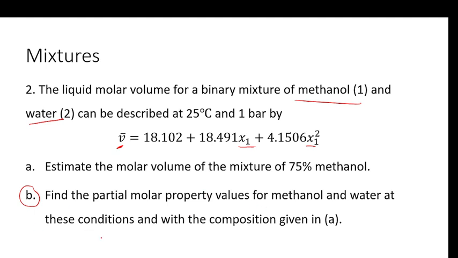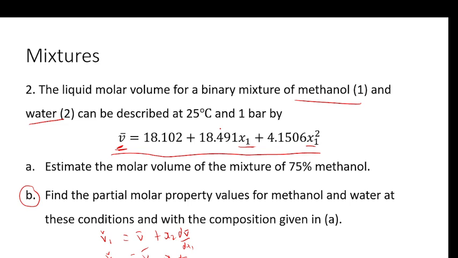So what we've done for B is finding the partial molar property values for methanol and water at these conditions, where we needed to use these expressions. And then if it's just the molar volume or just the molar property, that's this expression here. So we already have the expression for it.